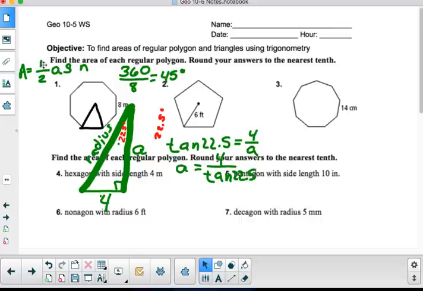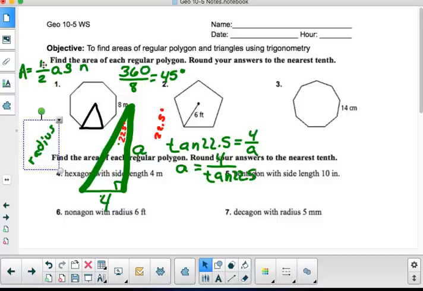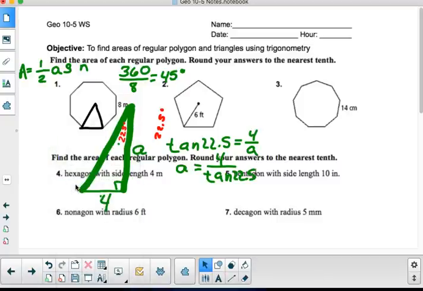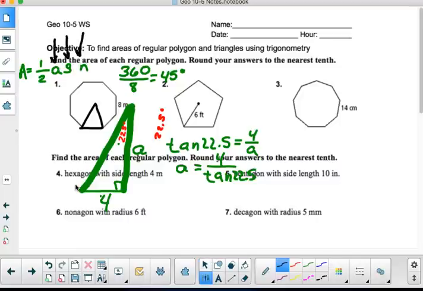That's an easier number for me to keep because it is exact. I did not have to find the radius for this particular problem because I was given a side and I needed the apothem, a side, and the number of sides. I have the side measure and the number of sides, they both happen to be 8. The apothem is what I just found. So now we're going to plug it back in.